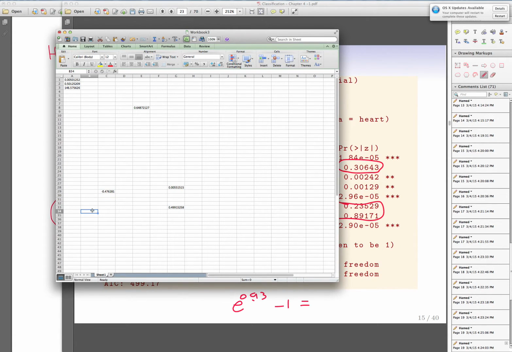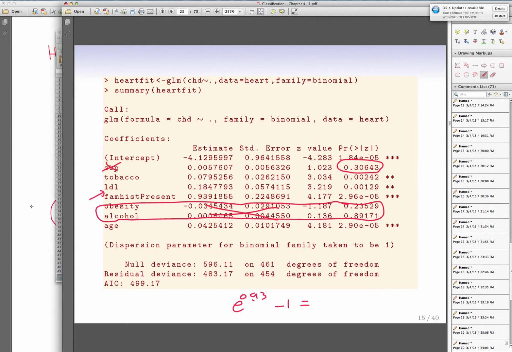Exponential of 0.93, minus 1, is 1.53. So what it says is that if you have a family history of heart attack, you're 153% more likely to have a heart attack. And as you can see, the coefficient for age is also positive. That means more age would result in more probability of heart attack.